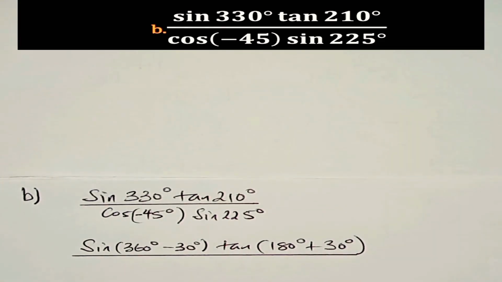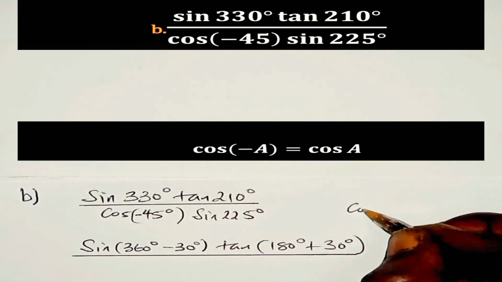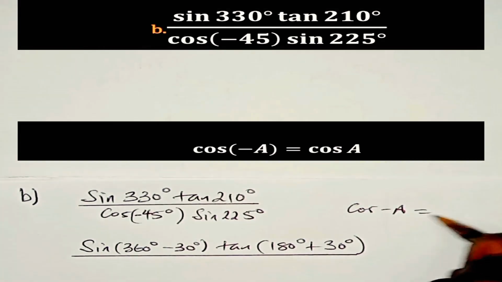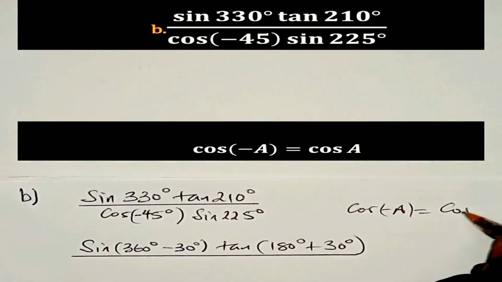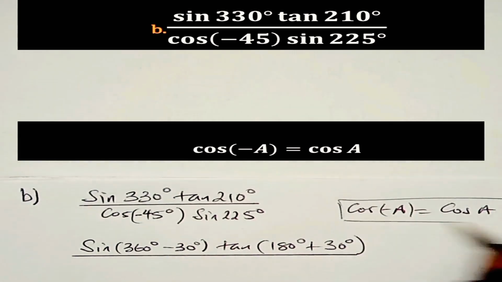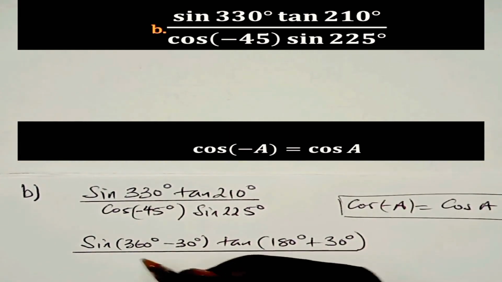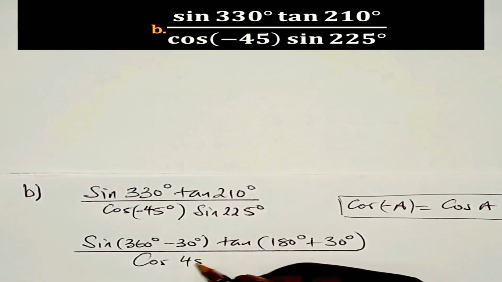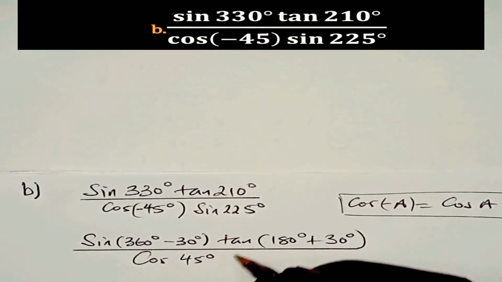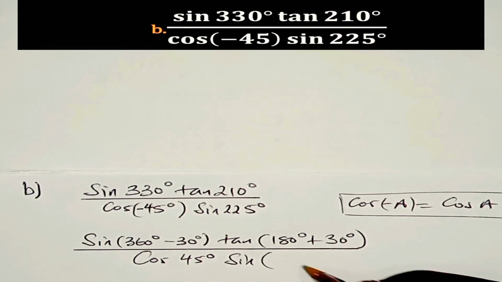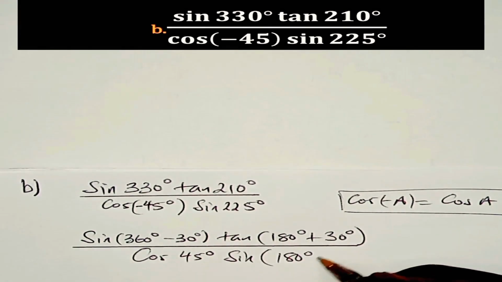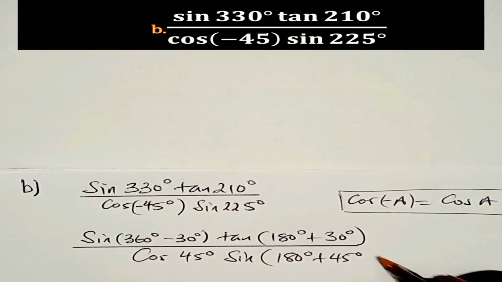And according to this property, we have cos of minus A is equal to cos A. Let's just use this property on that term. So we have cos 45 degrees, and we have sine of 180 degrees plus 45 degrees.